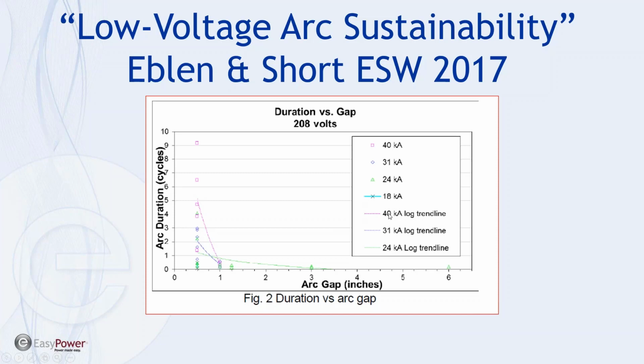So we had a 40,000 amp arc that lasted less than 6 cycles, if I'm reading this correctly. Maybe it was up at 9 cycles for 40,000 amps at ½ an inch. So again, at very low currents, which is what we usually see in the 208 volt range, the arc duration was very short, and in some cases wasn't existing at all at extended arc gaps.